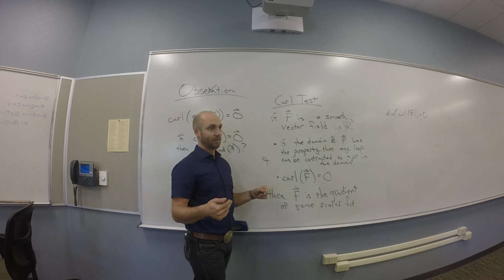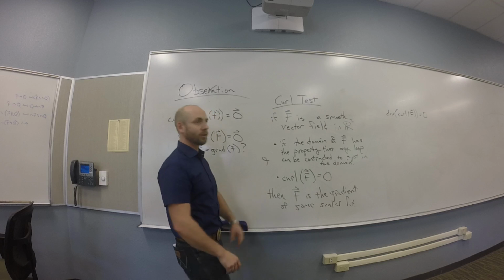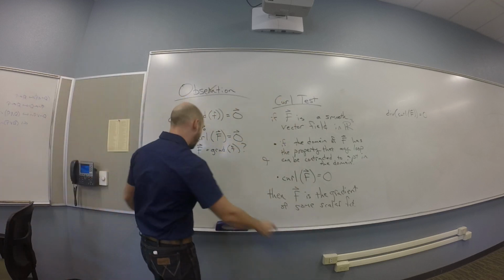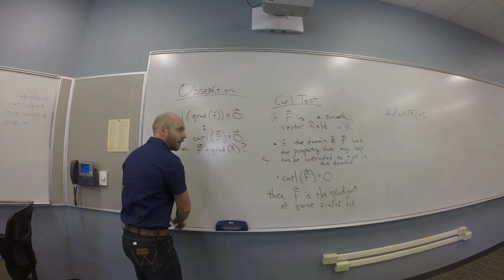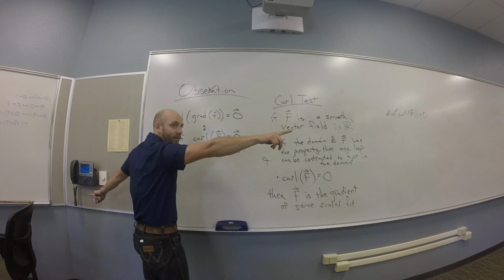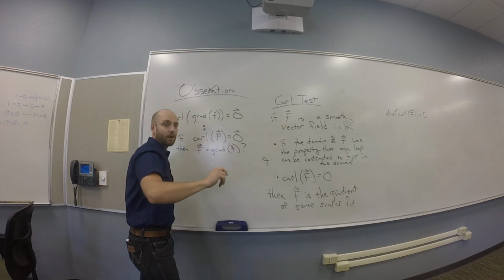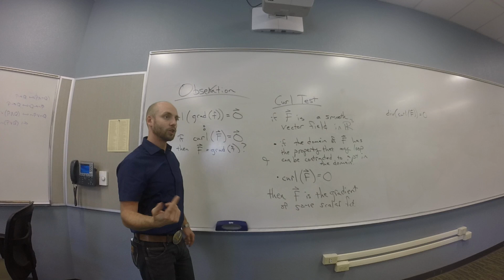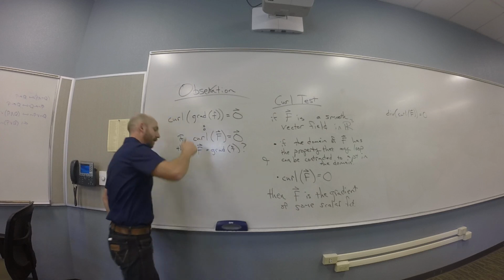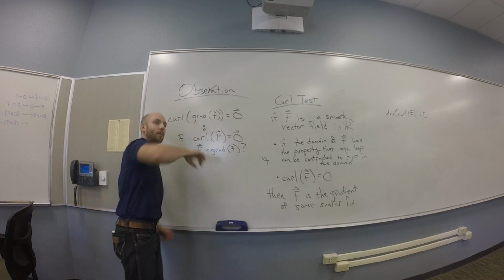You guys see that? So if your domain looked like all of R3 except for the chalkboard tray run out infinitely far in both directions, I can get a loop around the chalkboard tray by going in here and then around the back and then out the bottom and back.